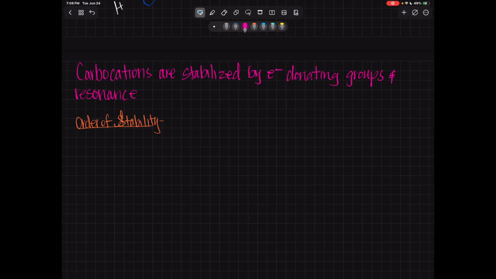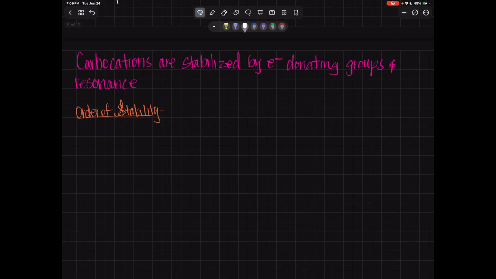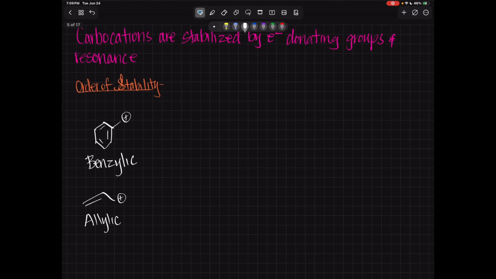So the order of stability is going to go as follows. You're going to have benzylic carbocations. This is a benzylic. You're going to have allylic. These two are where your resonance comes into effect to stabilize your carbocations.